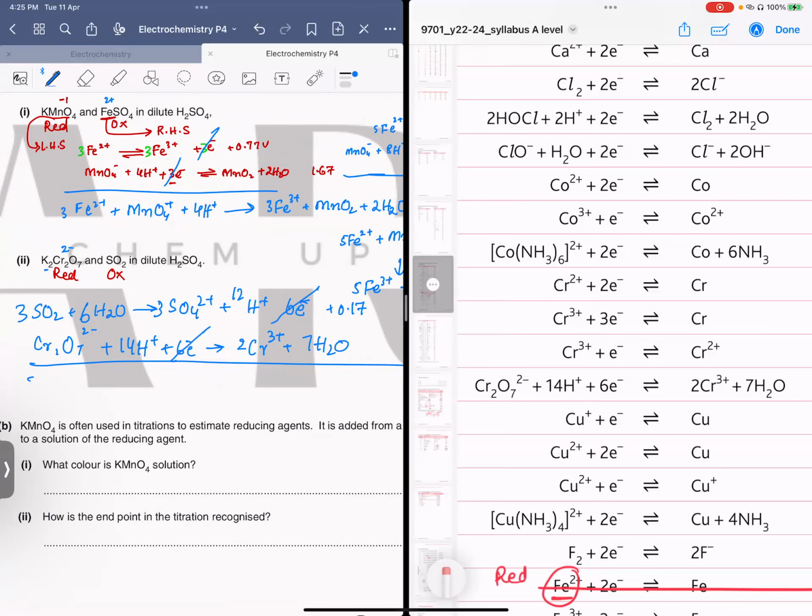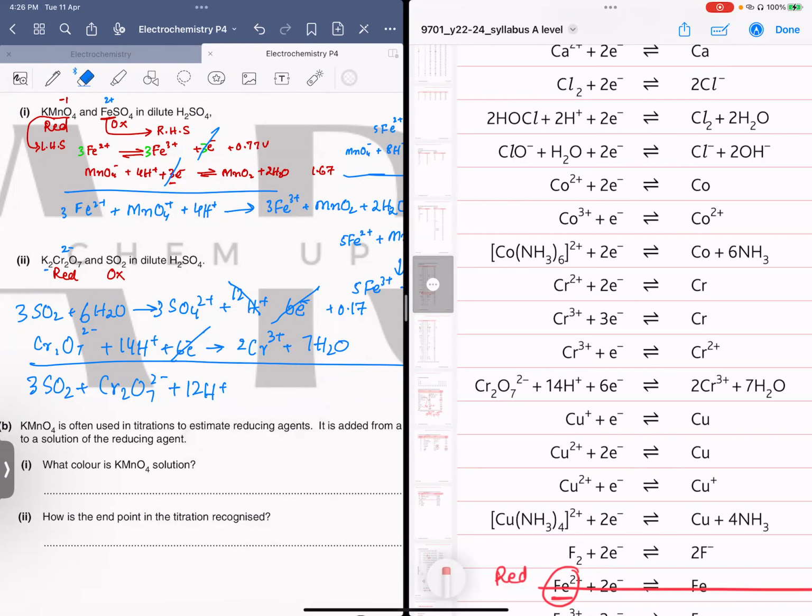So the net equation would be 3SO2 plus Cr2O7 2 negative. Here if you see on both the equations, we have hydrogen ions on the opposite side as well, right? So these 12 would be cancelled out and we are left with hydrogen ions.